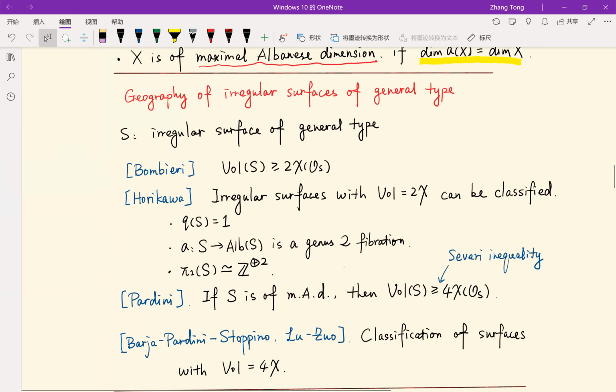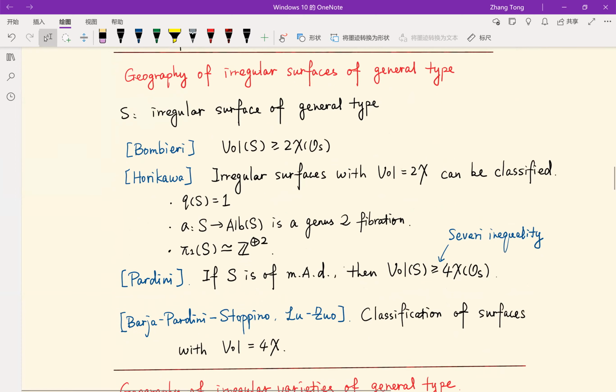So suppose I have an irregular surface of general type. Here on this page, S will be an irregular surface of general type, let's say defined over complex numbers. Okay, and the first fundamental numerical inequality about S is this one.